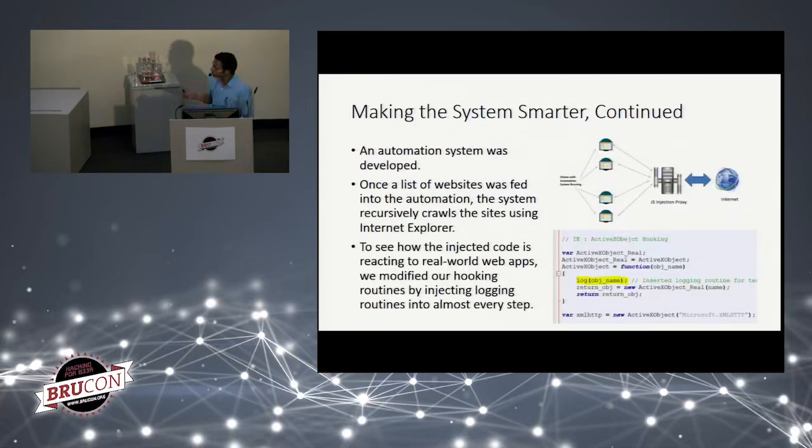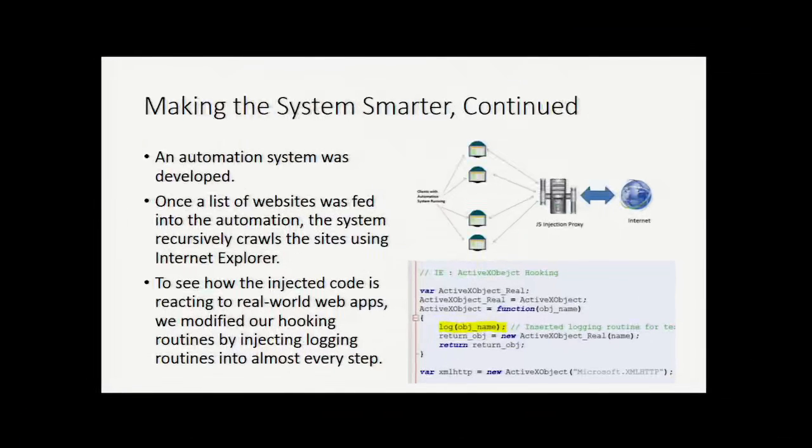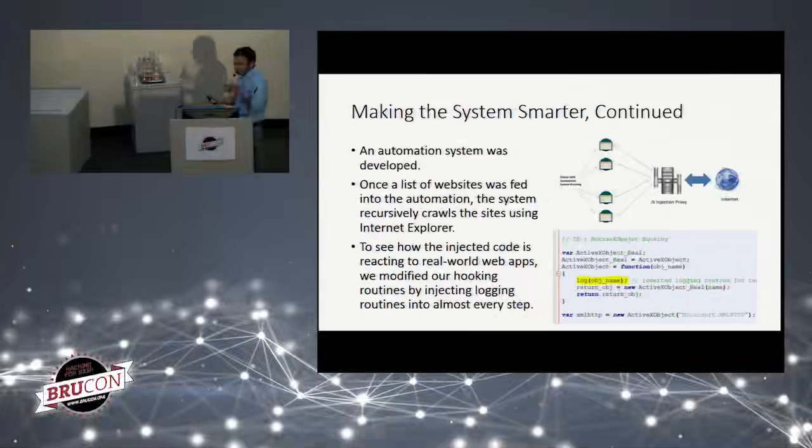So for that we developed an automation system, by using which we can closely monitor how certain pages are handled by our detection system. We set up a couple of systems where Internet Explorer was running, with the entire traffic passing through the JavaScript injection proxy.